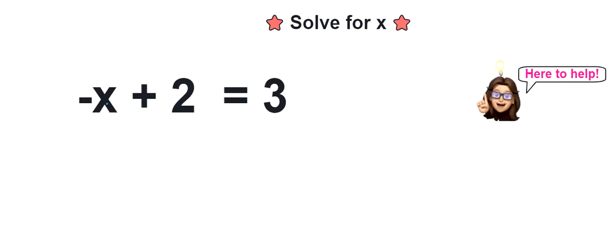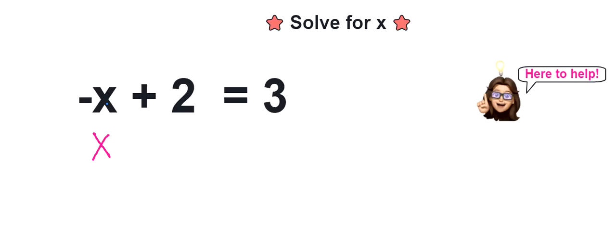So I'm going to show you an easy way to get rid of the negative in any of the equations that you are solving. All you have to do is change all your signs. So when I read this problem, negative x plus 2 equals 3, I don't want negative x, I want x. So right away, I'm just going to go and change all my signs.